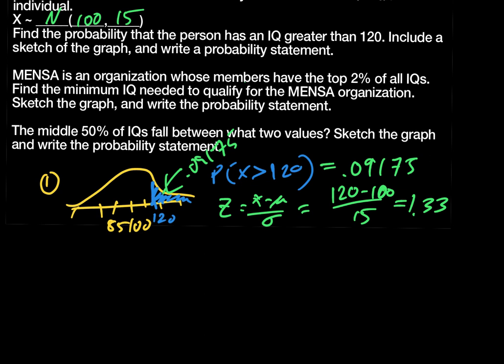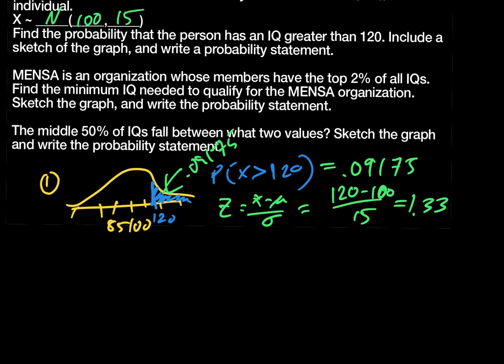And then I would interpret my results. There's about a 9% chance, or 9.175% chance, that an individual will have an IQ over 120. Although not part of this question, you could say they are clearly in the top 10%, because there's more than 90% below them.